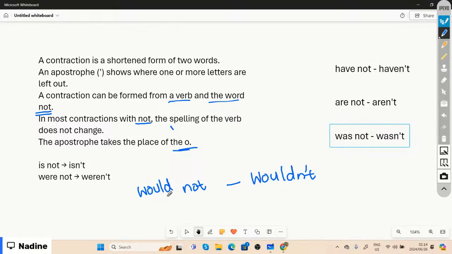So well done. Yes, "we've" is "we have," "we're" is "we are." So with "would not," as you can see, we leave the verb as is, and we only remove the O and put the apostrophe in its place, and all the other letters come together.